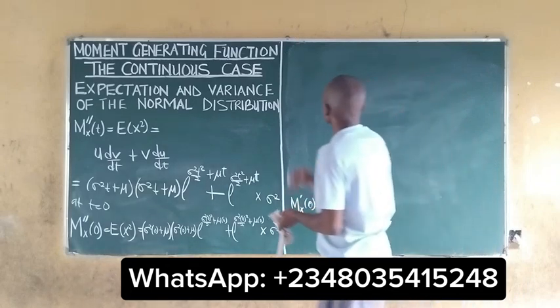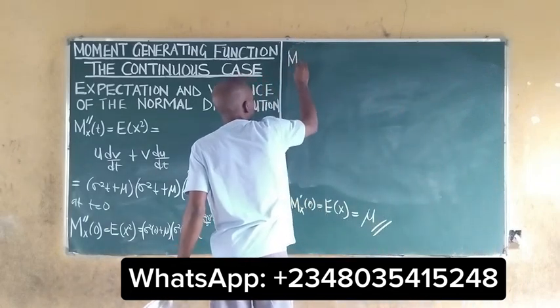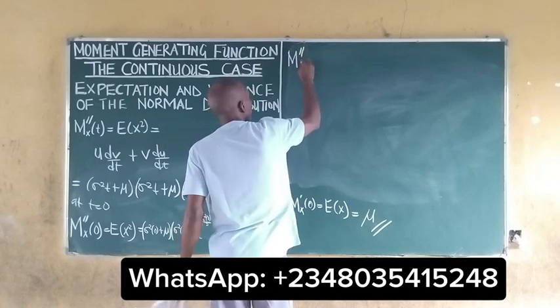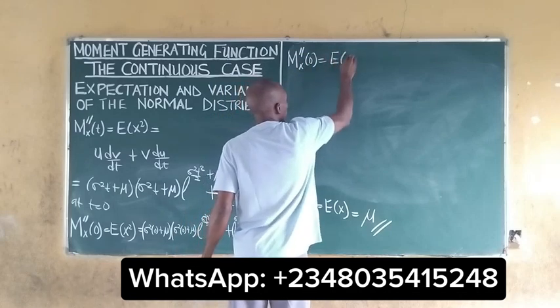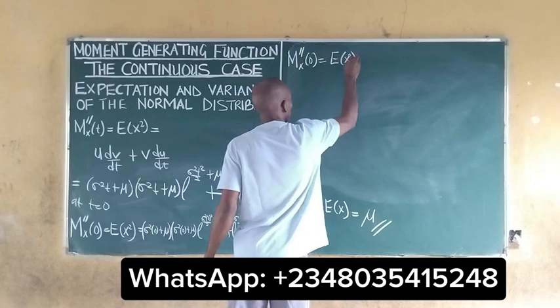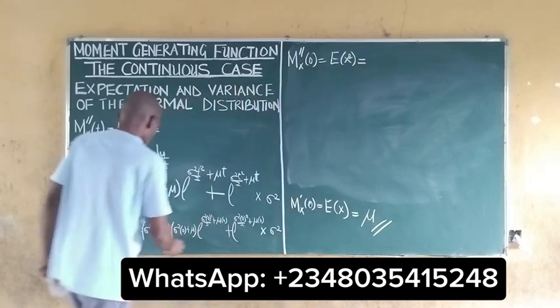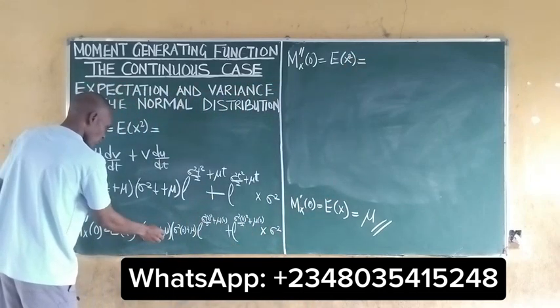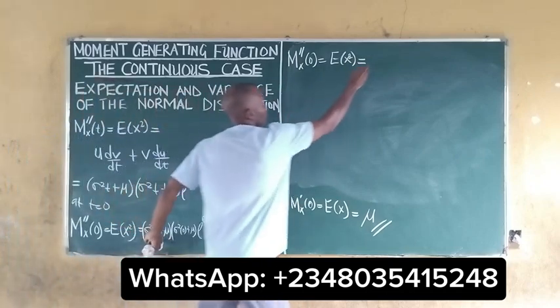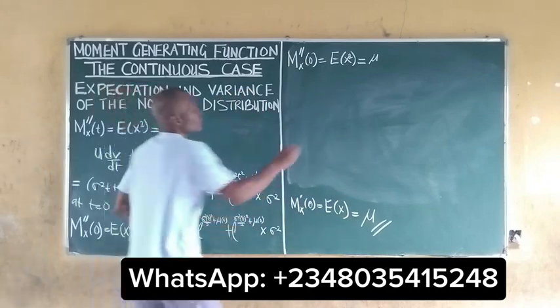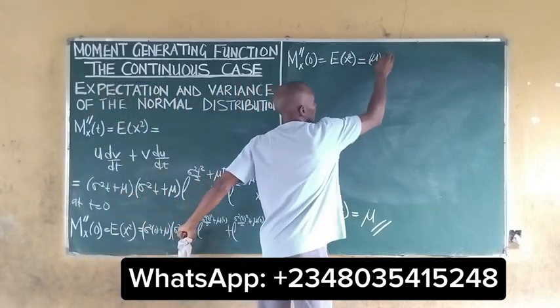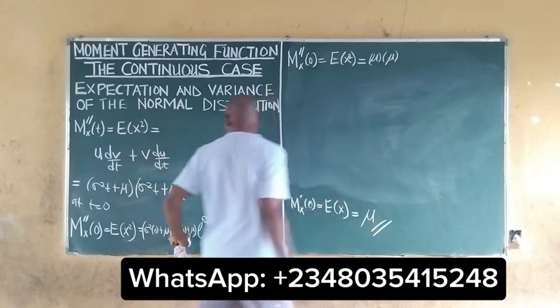So the next thing, the second derivative, which is equal to the expected value of x squared, is equal to, of course, this is 0, so we'll be left with mu. This is 0, we'll be left with mu again, multiplied by mu.